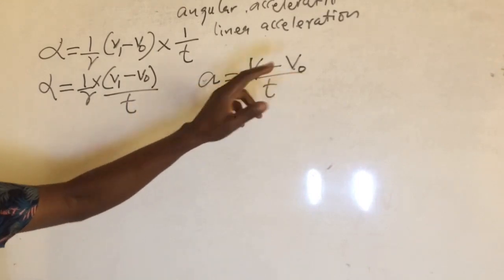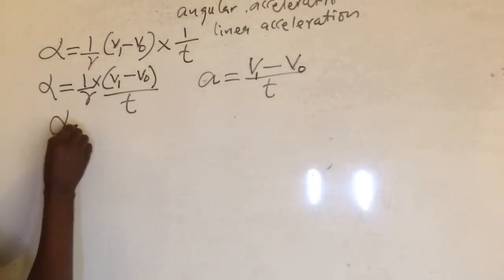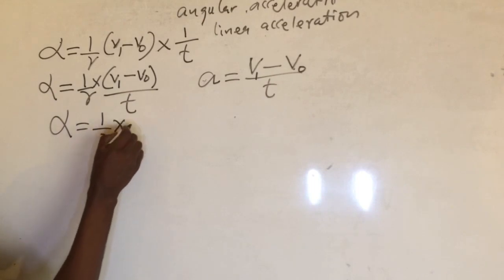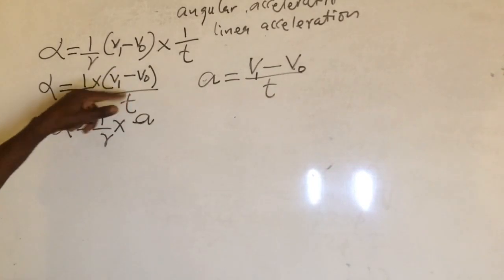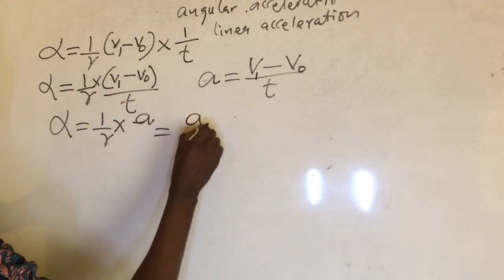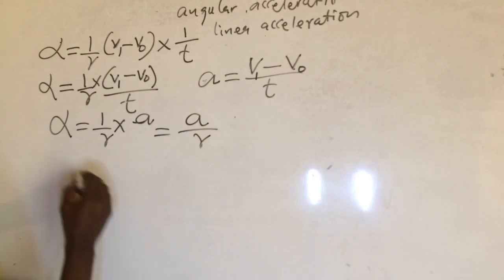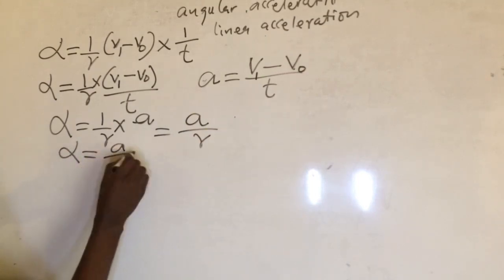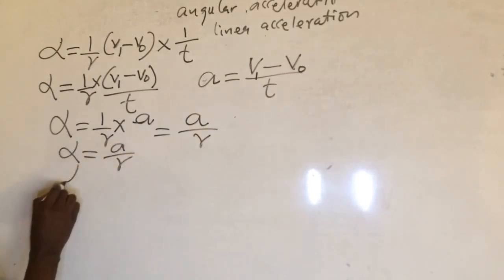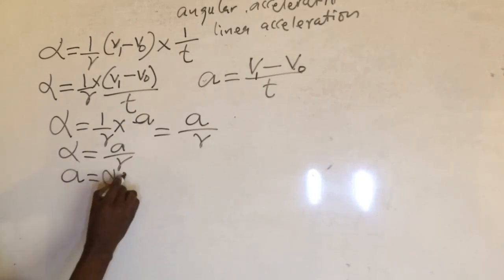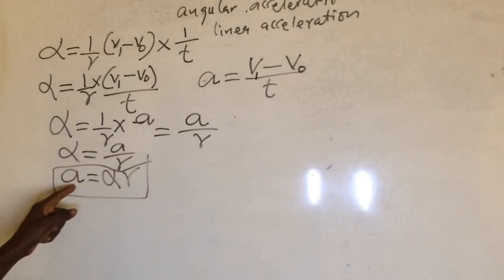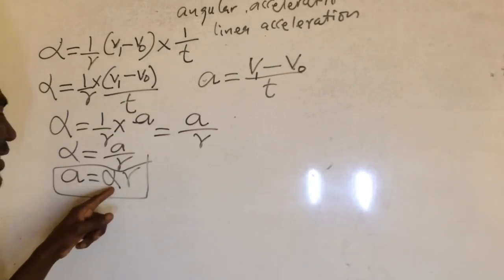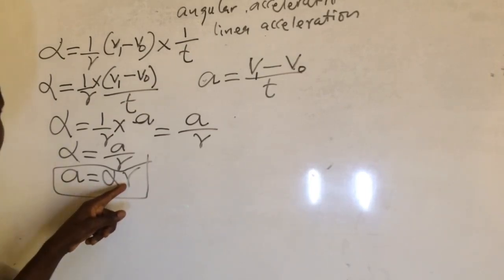Since this is equal to this, we now have alpha equals to A over R. That is alpha equals A over R. Making A the subject of the formula, we now have alpha multiplied by R. So linear acceleration equals angular acceleration multiplied by the radius of the circle.